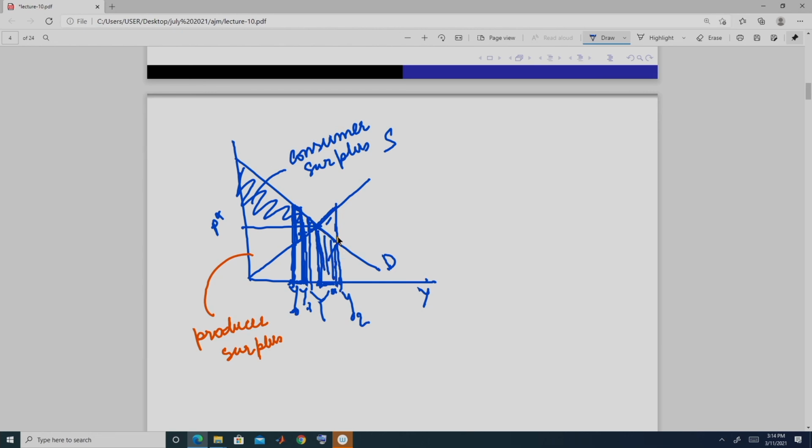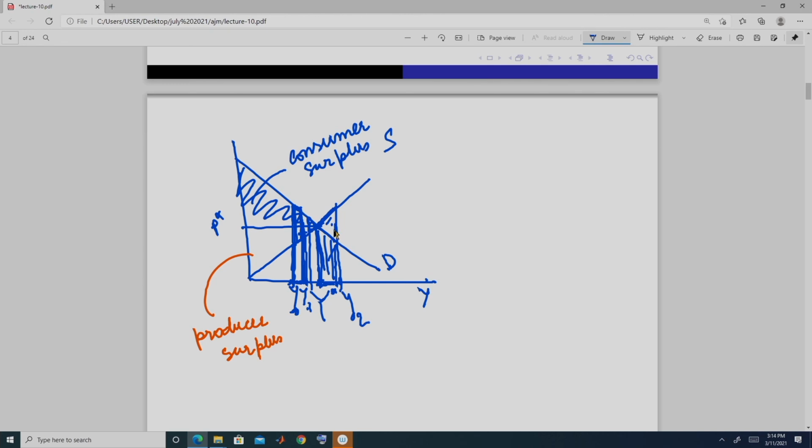So, this triangle is the loss, right, that is the additional cost, part of that extra cost which cannot be borne by the amount consumers are willing to pay. So, that is why this is going to be something like a loss.